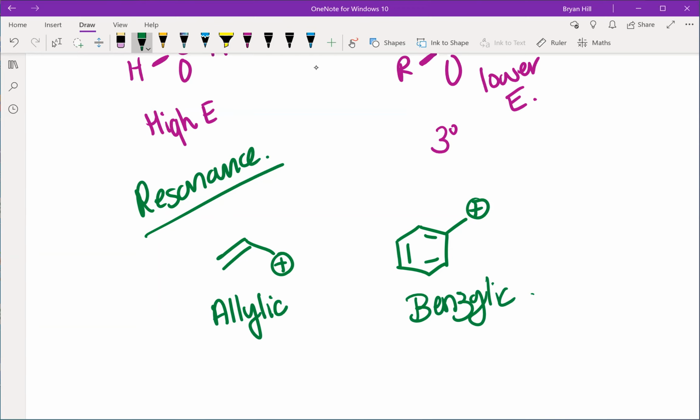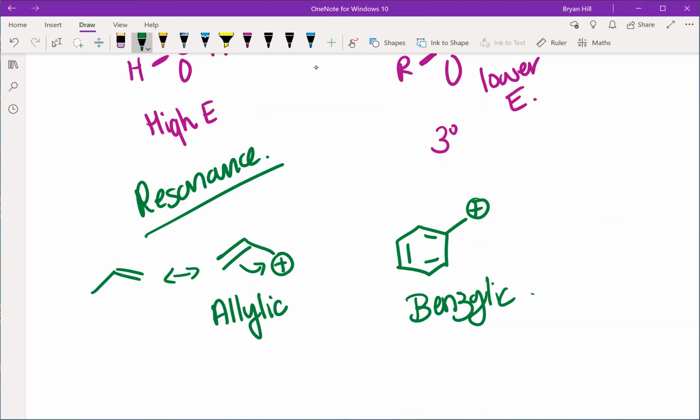So both of these charges can be stabilized by resonance. A benzylic carbocation, a positive charge beside an aromatic ring, is stabilized by resonance. A positive charge beside a double bond is also stabilized by resonance. So fragmentation patterns which generate benzylic or allylic fragments would also be relatively popular, because you can draw a resonance structure.